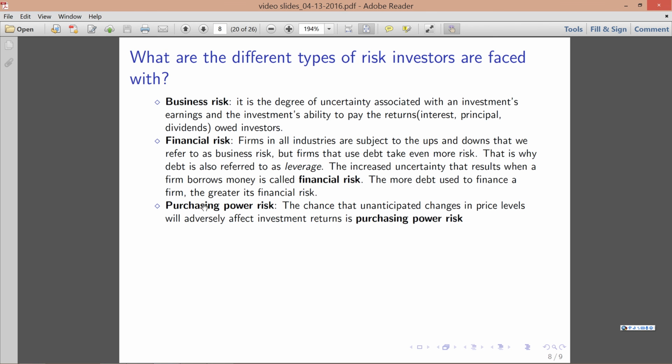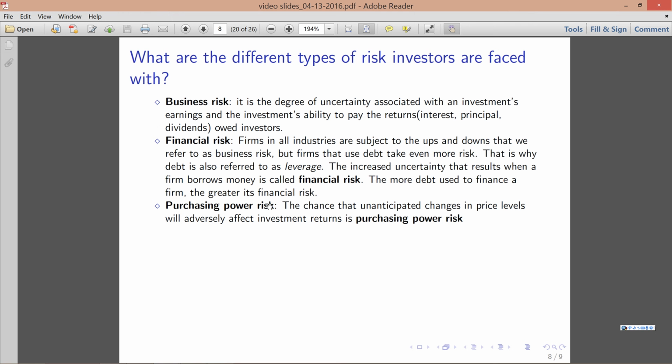The purchasing power risk is the chance that the anticipated change in the price level would adversely affect the investment return. Okay, so remember we have this expected inflation premium. So if you think the price is going to increase by 2%, then you factor that into your required rate of return, right? But the purchasing power risk is, what if tomorrow the inflation turns out to be 5%?